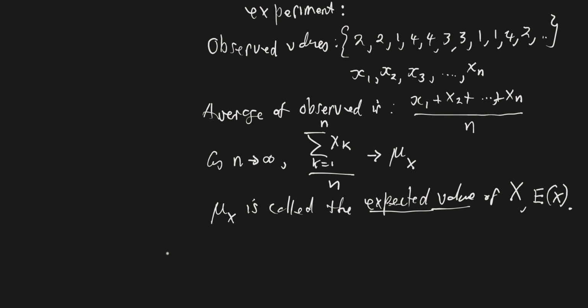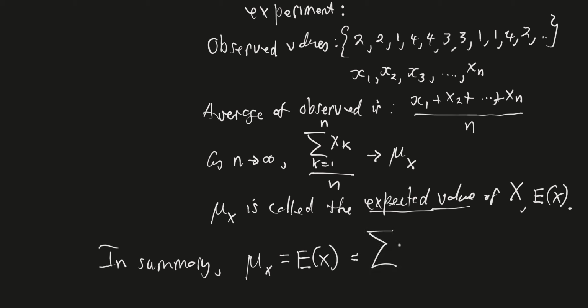So in summary, this is what we have. Our mean, which is often denoted like this as well, the expected value of x, is defined as that summation, where it's the sum of all the xi's times the associated probability over all possible values of x.